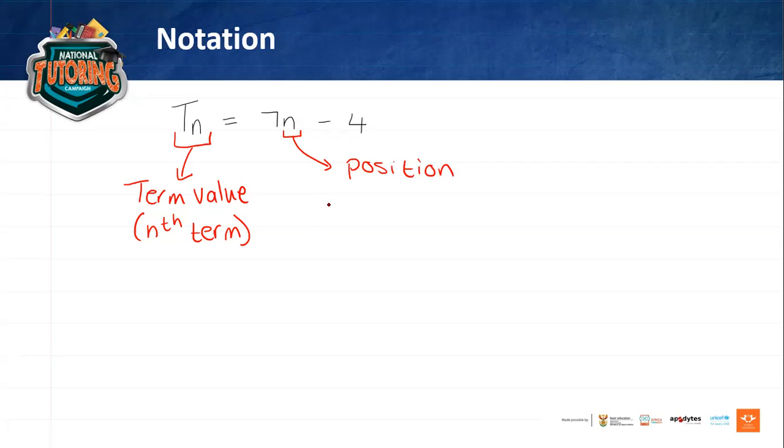So I could look at T1, that would be saying what is the first number in the pattern, and all I could do is substitute in a 1, 7 minus 4, and we get that the first term of my pattern is a 3. So if you were to write out a little table of your position and the value, we'd get the first position gives us a 3.